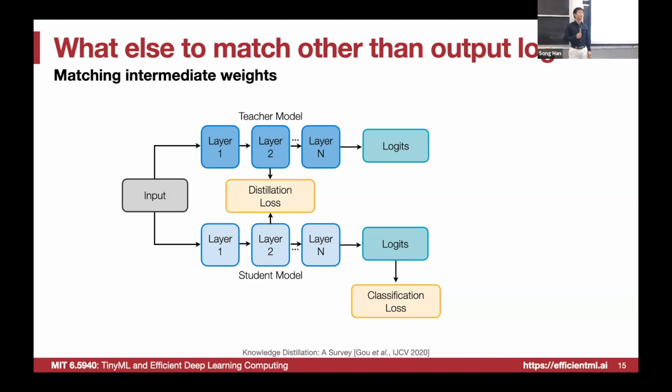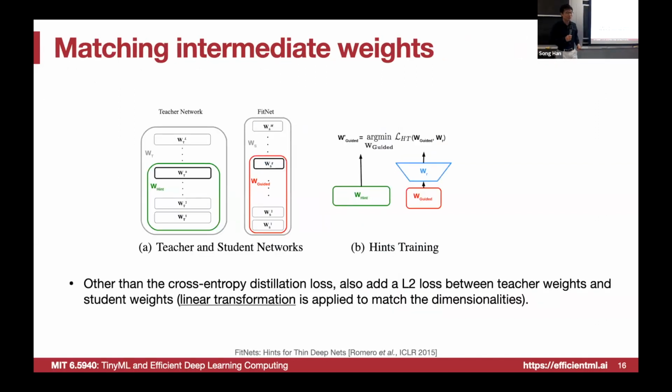So no, because the whole point of the series is smaller models, so they're not a one-to-one network. Right, exactly. The student network is smaller. That's the whole purpose of making it smaller, right? But how can we match a larger weight tensor with a smaller weight tensor? You can add a one-by-one convolution or add a fully connected layer to project it.